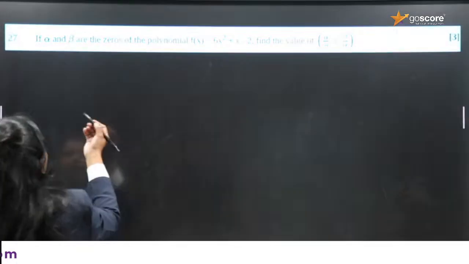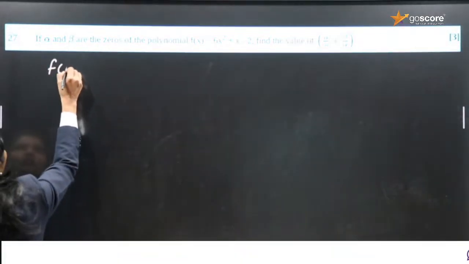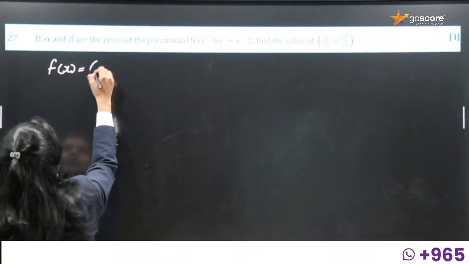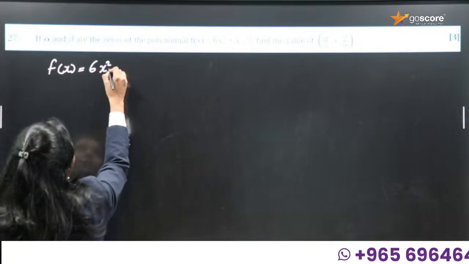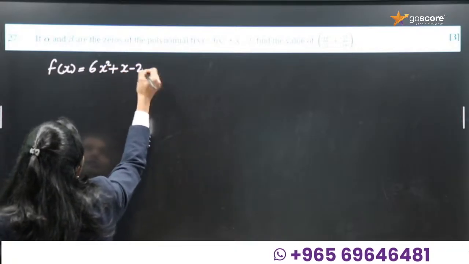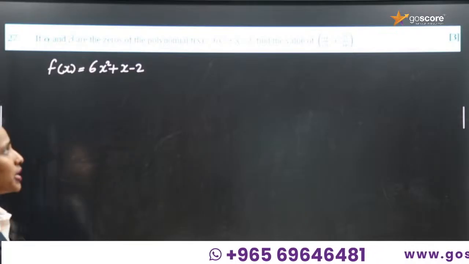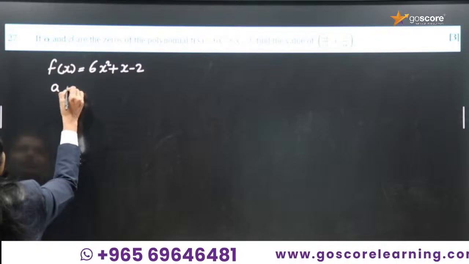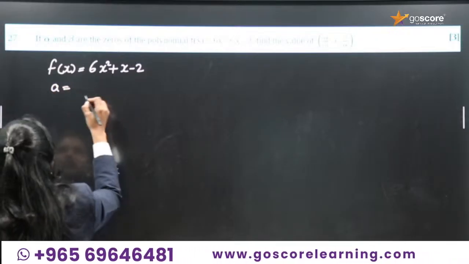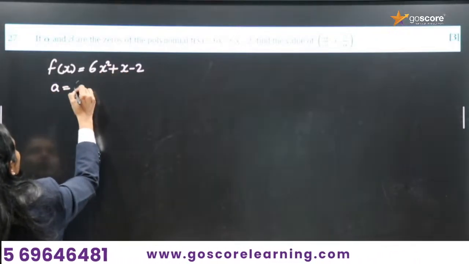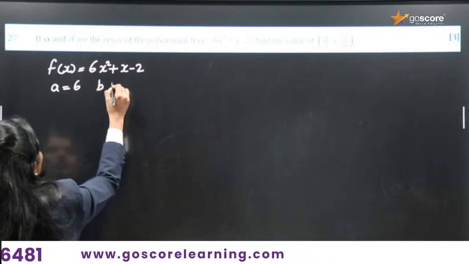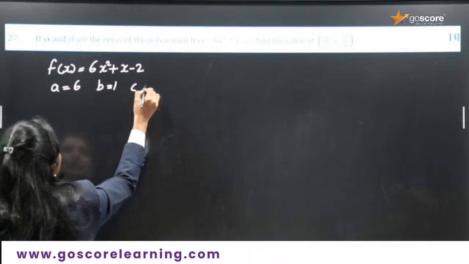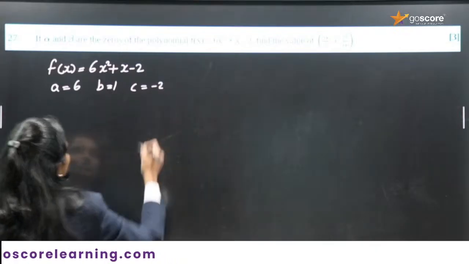Okay, so we are having a polynomial f of x is equal to 6x square plus x minus 2. From this we can find the coefficients. A, the coefficient of x square, is 6, B, the coefficient of x, is 1, and C, the constant part, is minus 2.